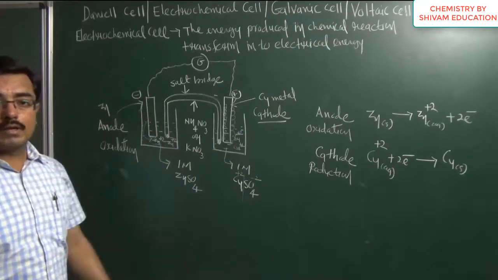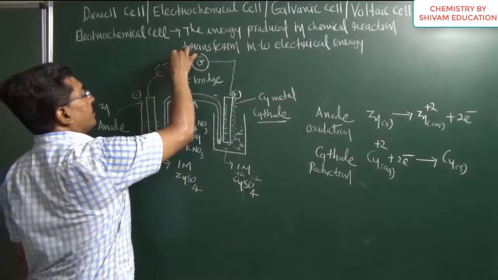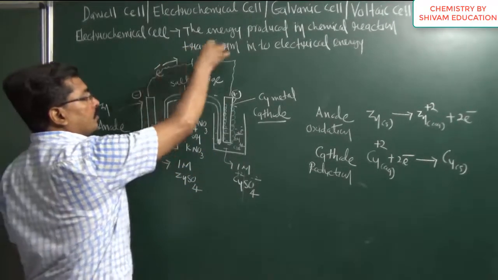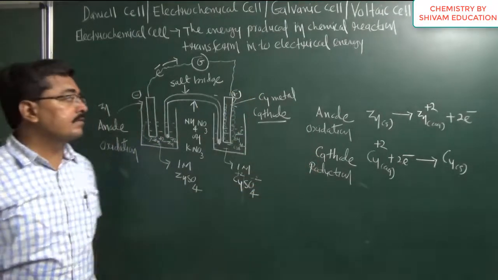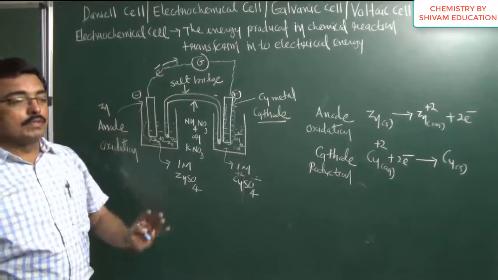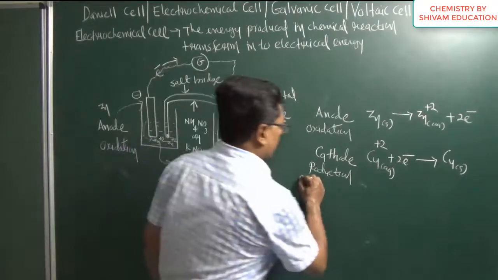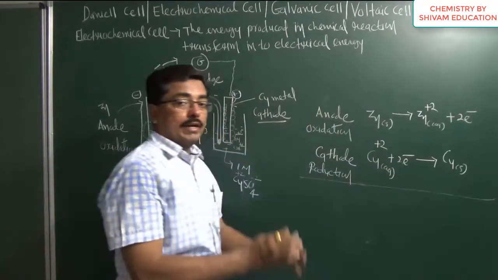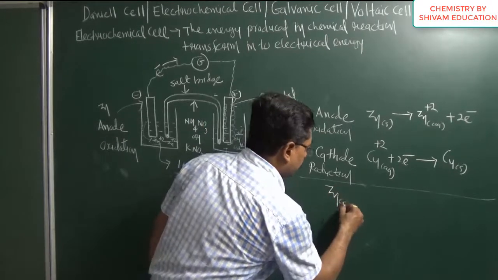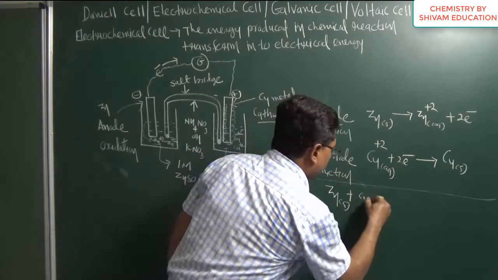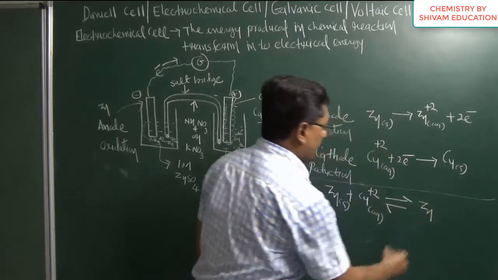Now during this electrochemical reaction, electrons will start to flow from anode to cathode, or from negative electrode to positive electrode, and this redox reaction will occur. So this entire redox reaction we can write in this way. During this chemical reaction, zinc undergoes oxidation reaction and copper undergoes reduction reaction.